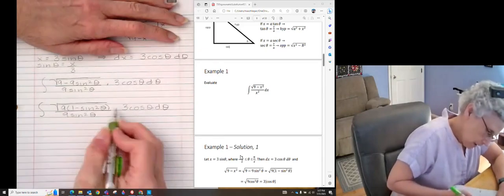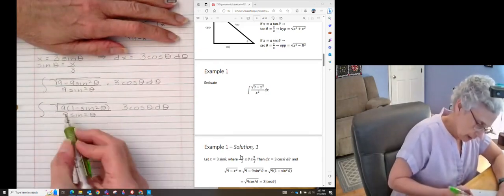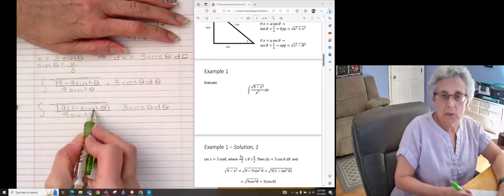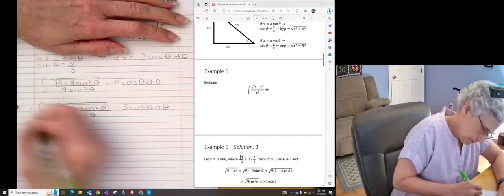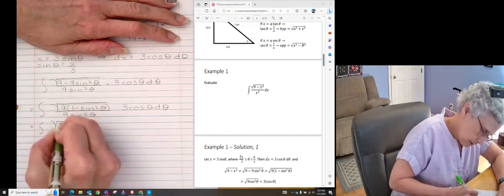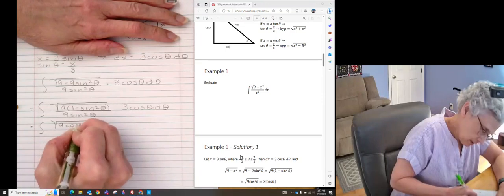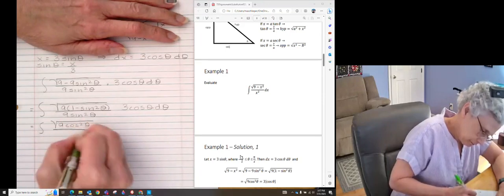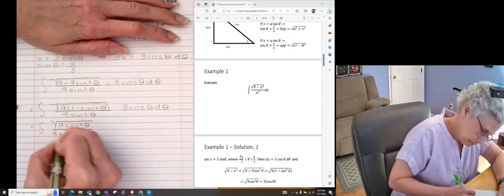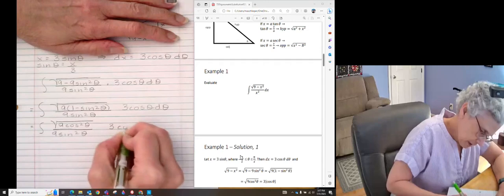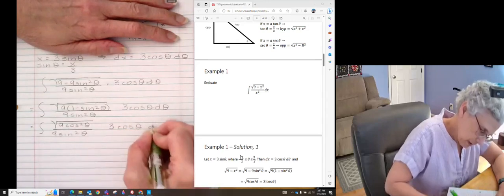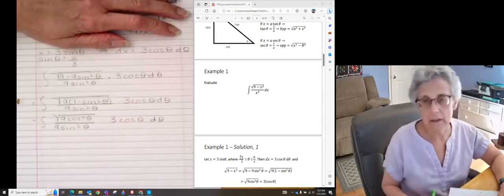Alrighty, so far so good. Haven't done anything too complicated. I can replace 1 minus sine squared with cosine squared. And then I still have a 3 cosine of theta d theta.